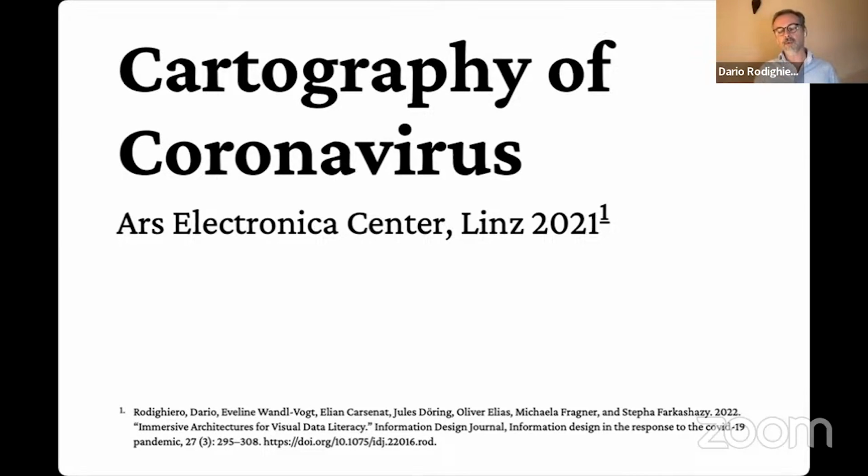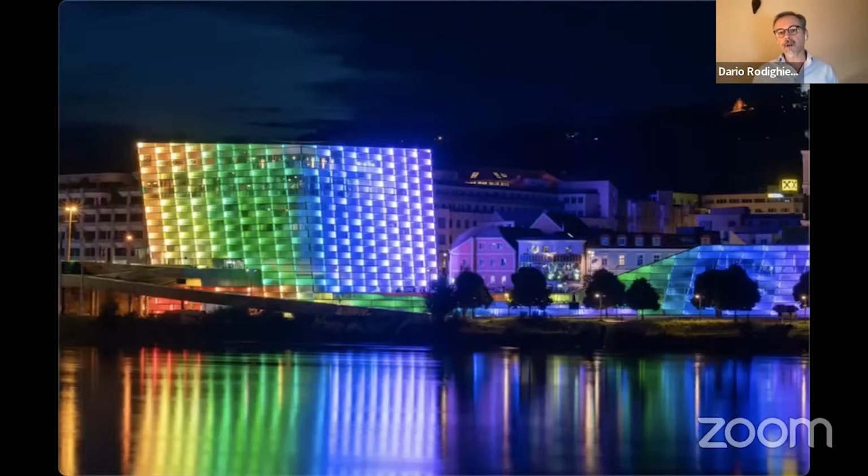And even in this case it was a collective project created with Evelyn van der Vogt, Elian Kazernat, and other colleagues from Garamantis based in Berlin, and from Ars Electronica Solution. So this is the center of Ars Electronica, which is a beautiful museum on the Danube.